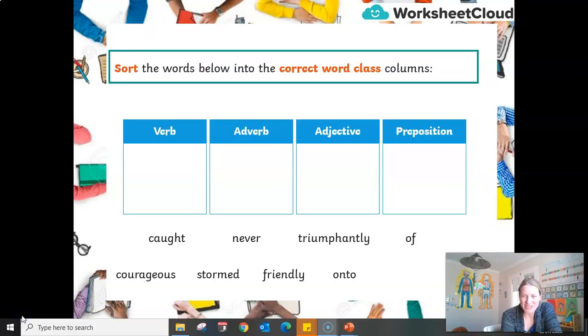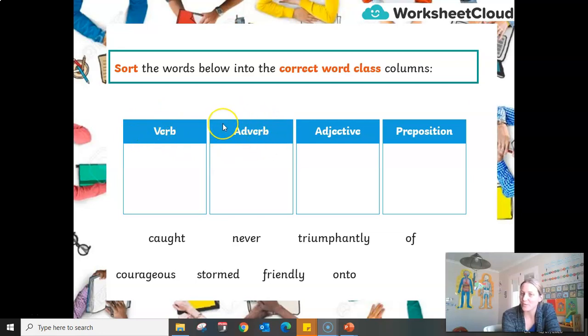Here's your next question. Sort the words below into the correct word class columns or parts of speech columns. Verbs, adverbs, adjectives, and prepositions. Now before we do, let's see if we can remember what each of these are. A verb, remember, is an action word, a doing word.